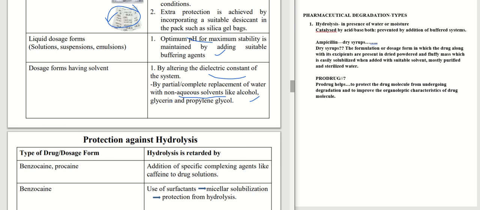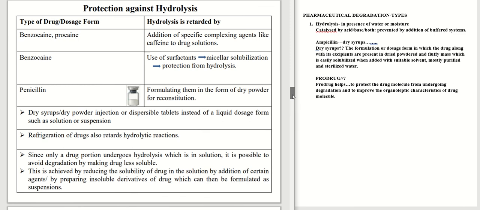We can replace some amount of water with alcohol, glycerin, propylene glycol, replacing the aqueous portion with the non-aqueous portion. So these are the different methods by which we can improve stability and protect the drug molecule from being hydrolyzed.